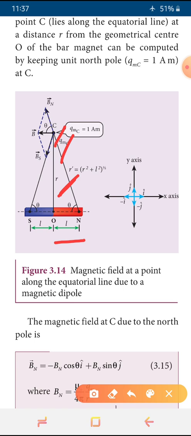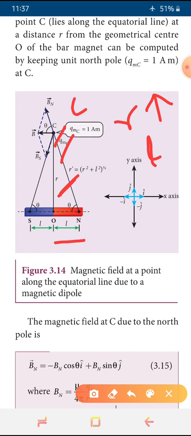Say we are choosing the point C at a large distance. So R is taken as large. We are choosing the distance R as very, very high. This R will be compared with this L. Say the L value is very minimum because we have chosen a small bar magnet. So R value is maximum, L value is minimum.